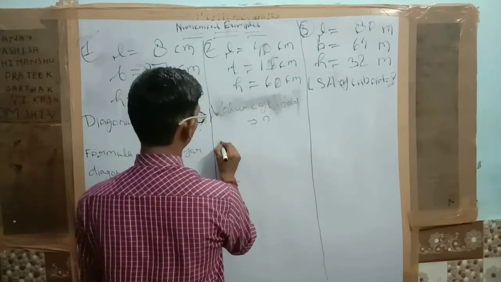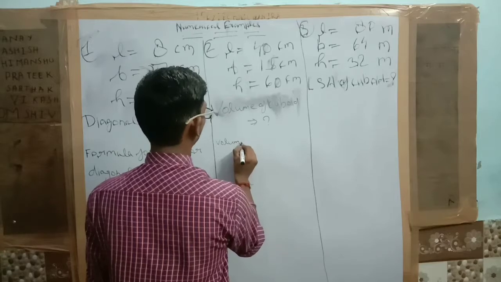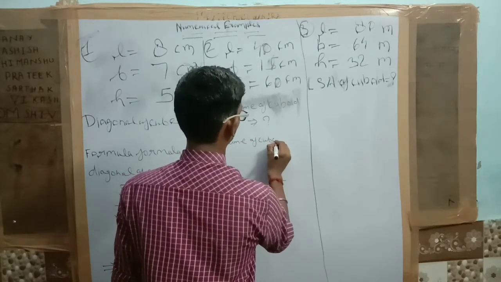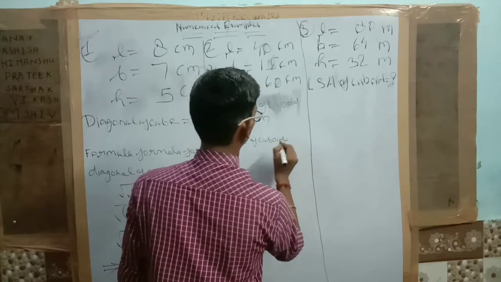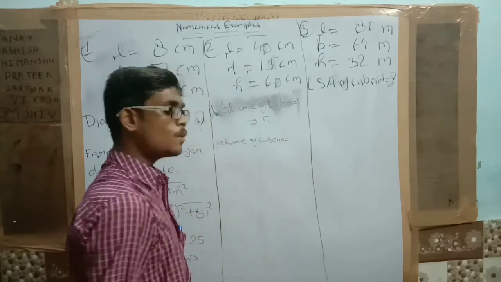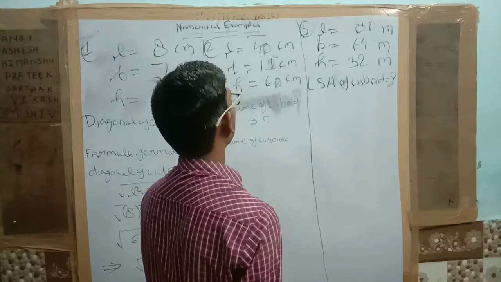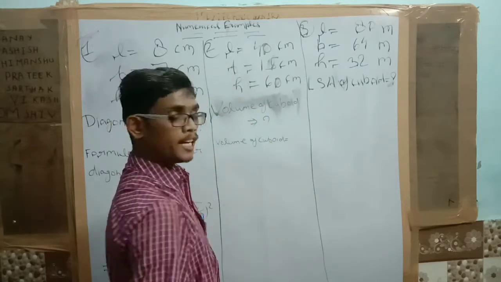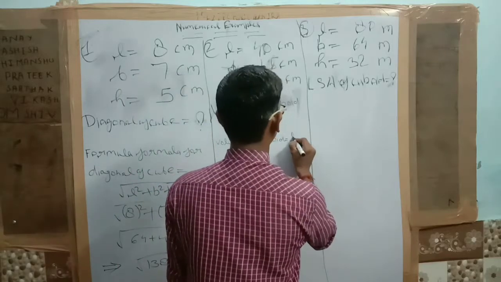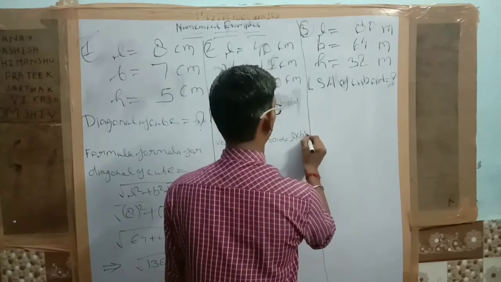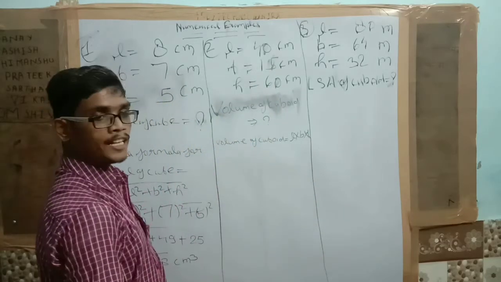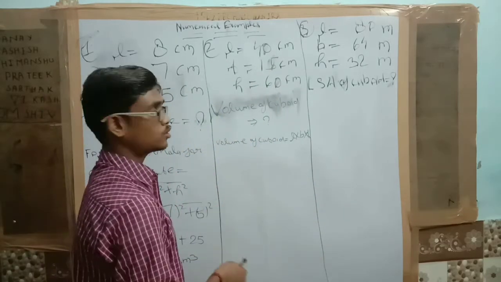Volume of cuboid equals. In finding volume of cuboid we have to calculate the product of length, breadth and height, that is L into B into H. We know L is equal to length, B is equal to breadth and H is equal to height.